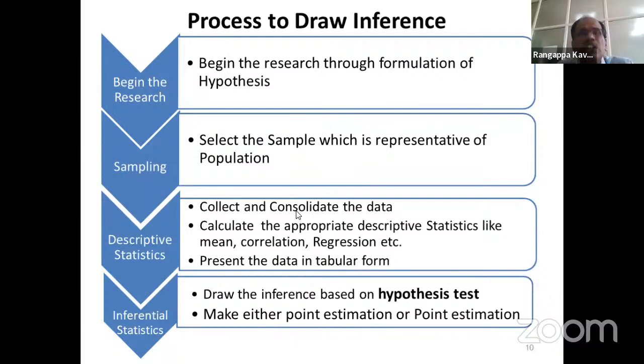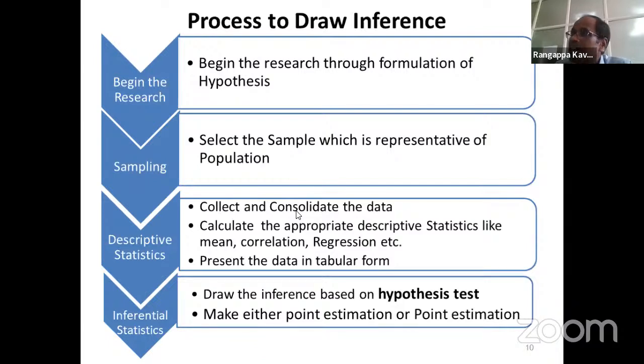After that, while designing your research, you select a sample which is representative of the population. Normally, while testing any hypothesis, we want data. And you will understand what kind of data is needed and how to collect the data. If you want to collect data from a primary survey, you are going to select the sample.